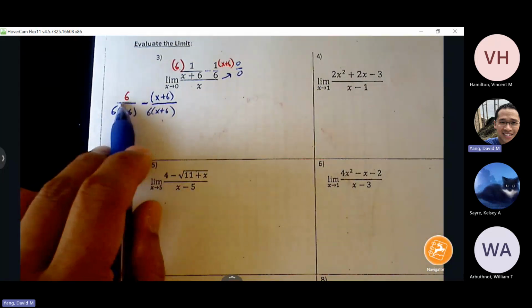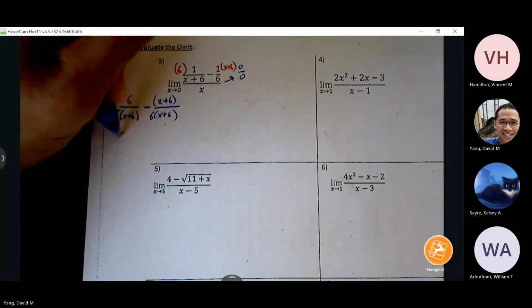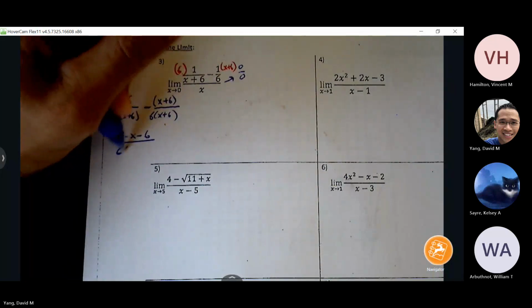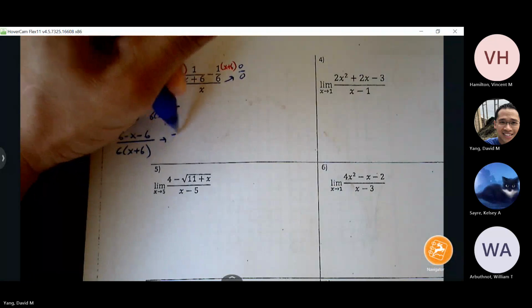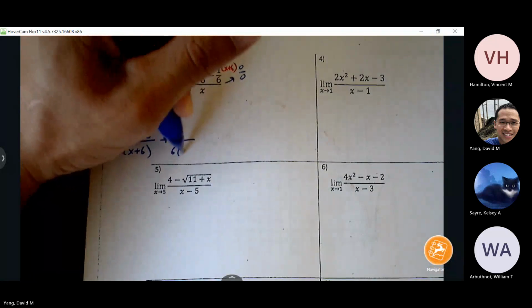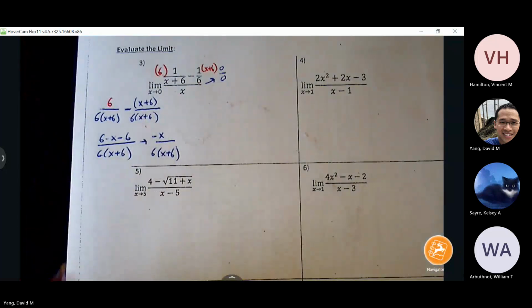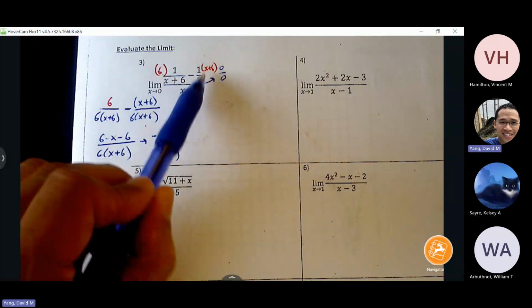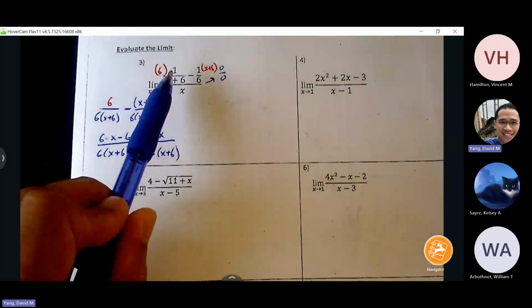So I'm going to put the numerators together and distribute the negative through. I'm going to go back to my problem now that I have this upper portion resolved, and put this in place of that top part.